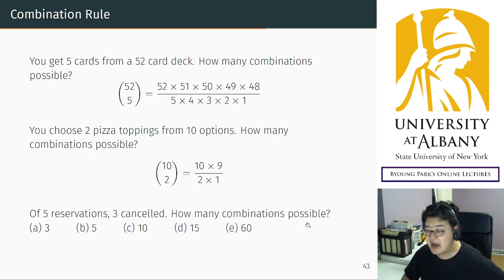I'm going to answer this question in the next video. So try to apply this rule, or write down a multiplication like this. Three numbers should be multiplied in the numerator and the denominator. So try to answer this question. You may use a calculator, of course. See you. Bye.